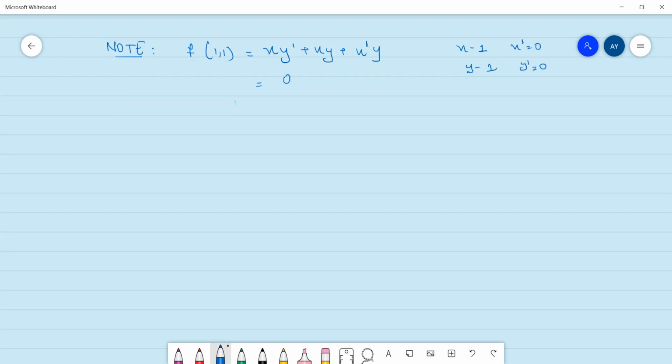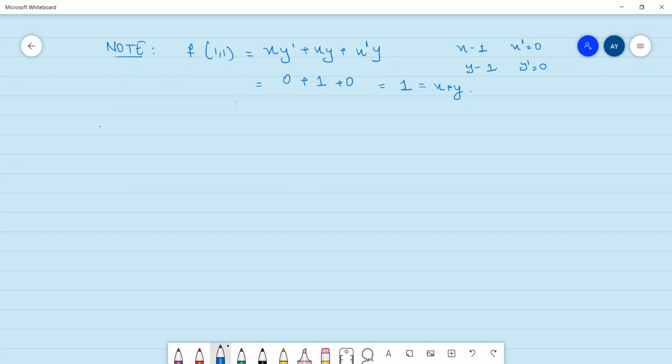So this is 0 plus x into 1, and y is 1, and the last term is also 0. So f of 1, 1 equals 1. So this equals x plus y. Am I clear?